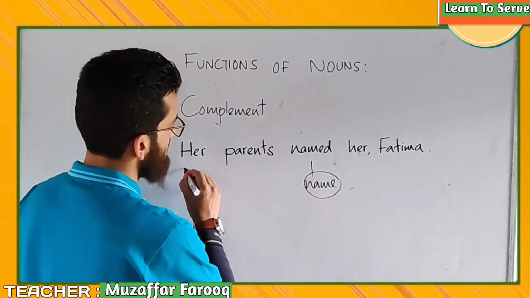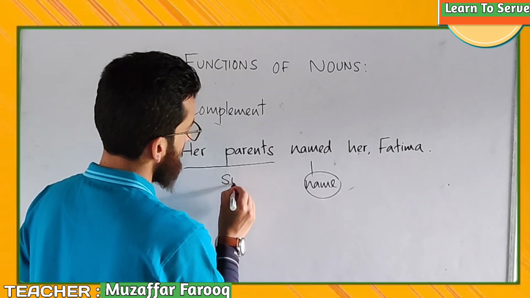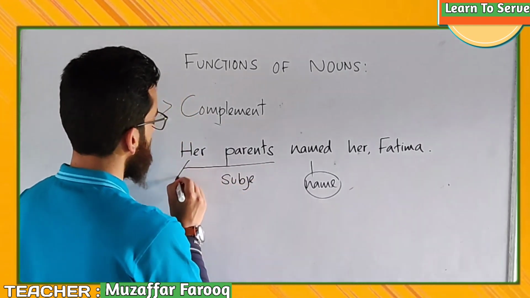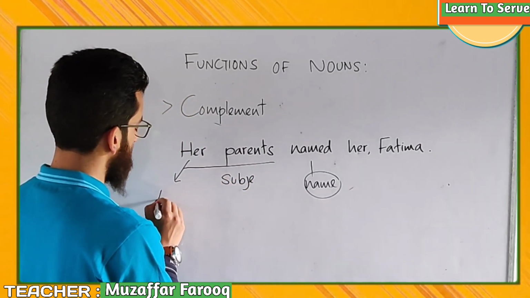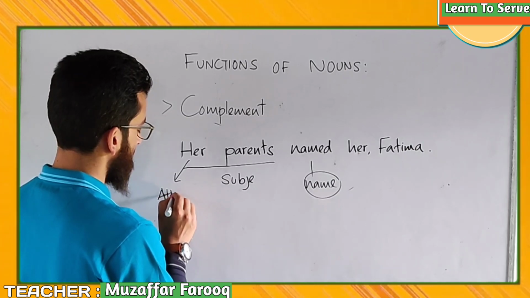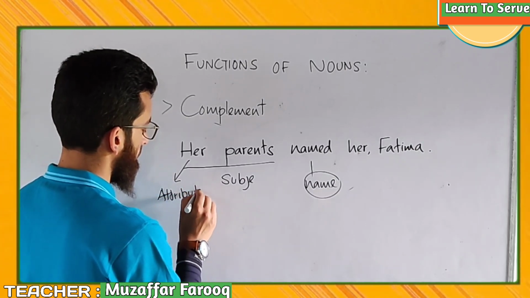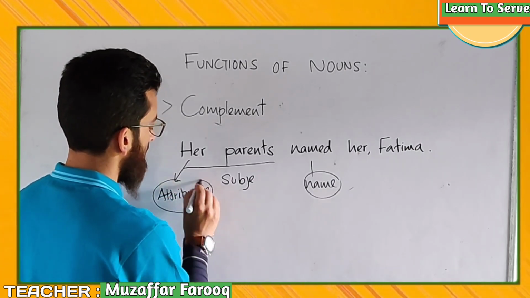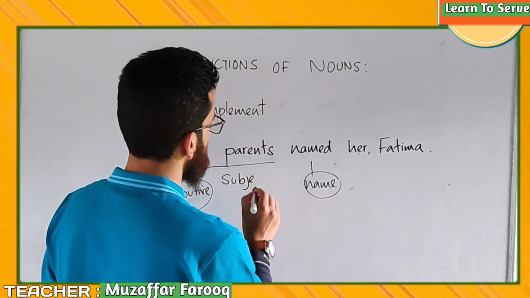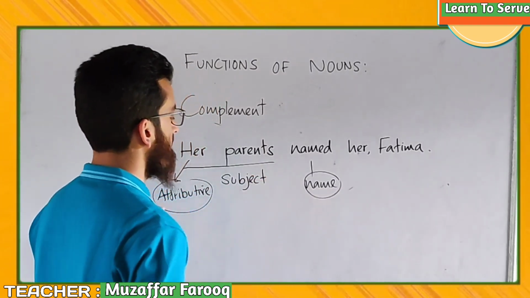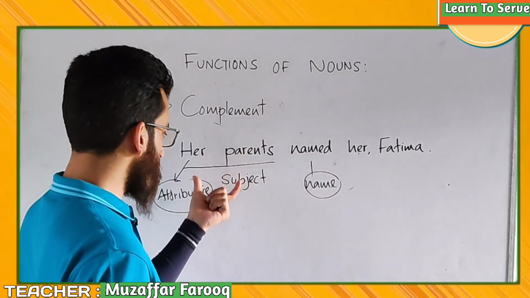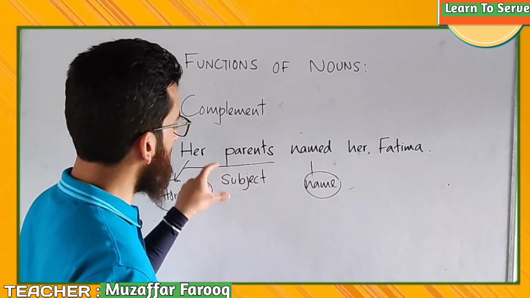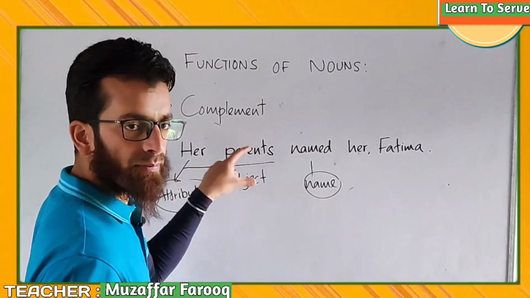So her parents, here her is an attributive pronoun, but parents is the main subject. You can say this is a compound subject, but the main subject इसमें जो है, that is parents.